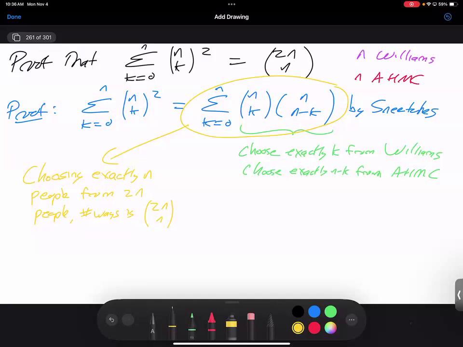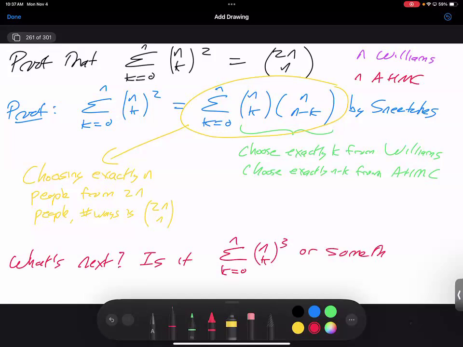Then the question becomes, what do you study next? What's next? Is it the sum, k goes from 0 to n, of n choose k cubed, or something else? One of the big things I want you to think about is, where is the miracle? What works, what doesn't work?